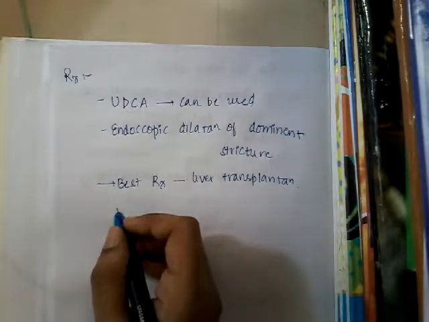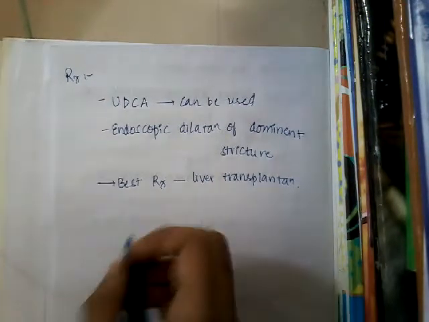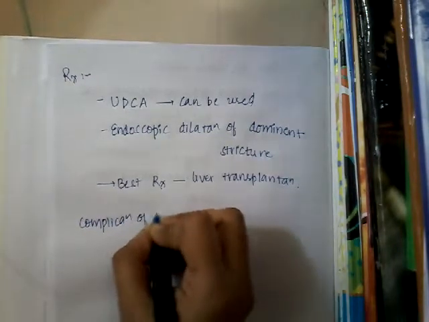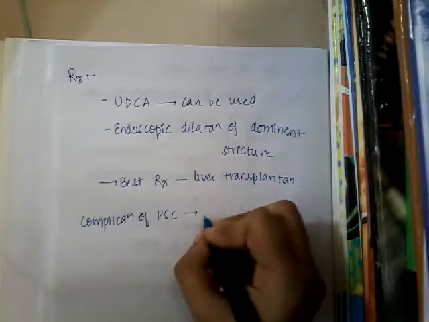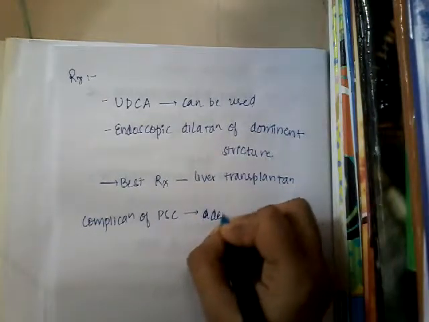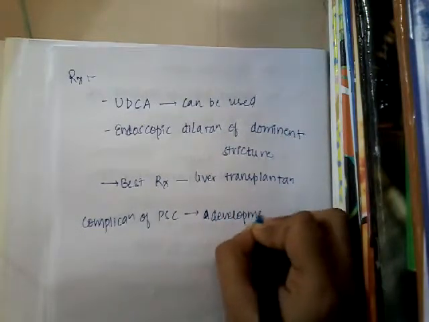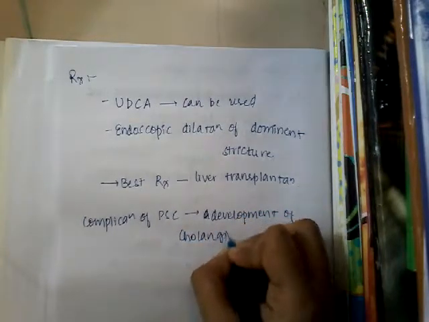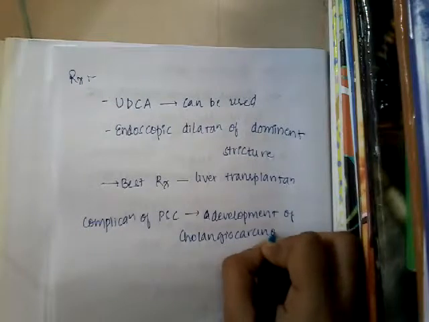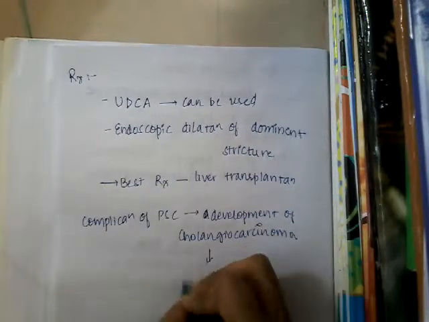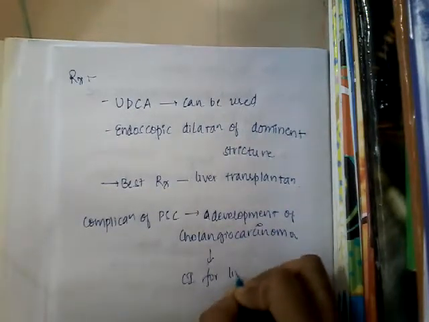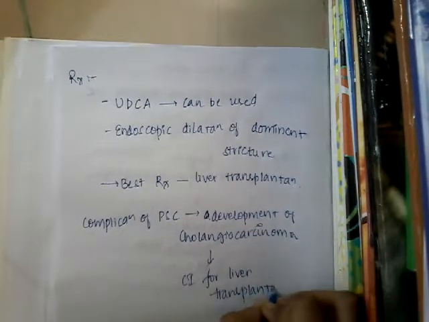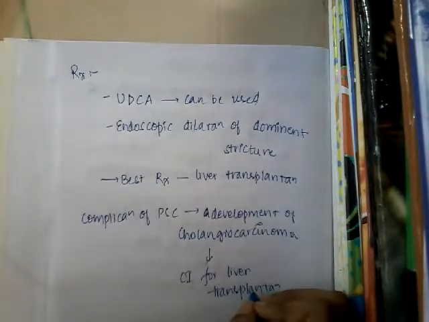But the complication of primary sclerosing cholangitis is development of cholangiocarcinoma. Once it has developed, this is a contraindication for liver transplantation. This is the normal treatment that you can use.